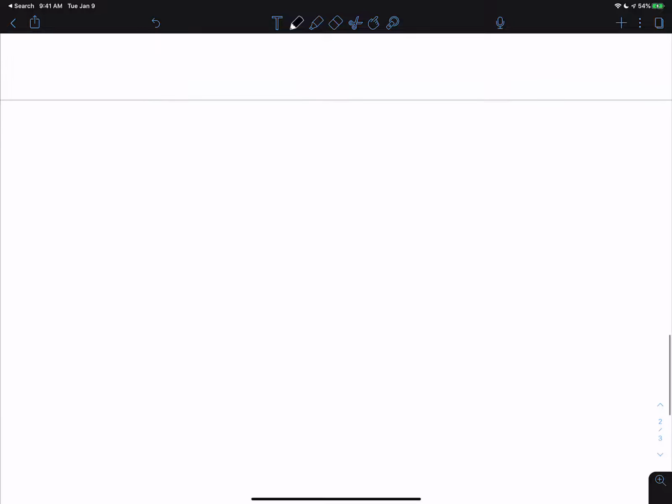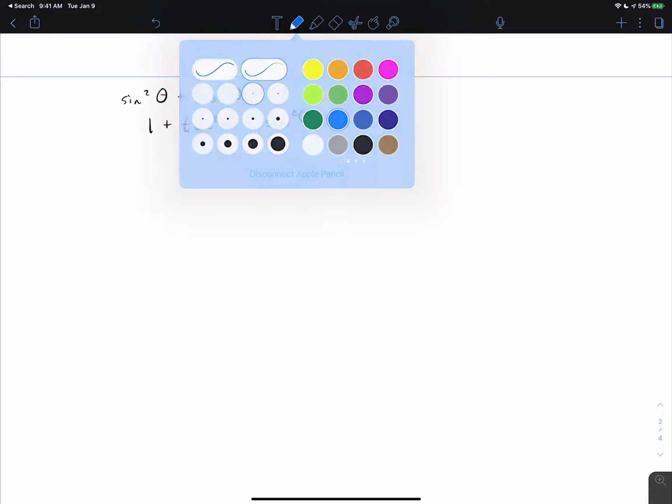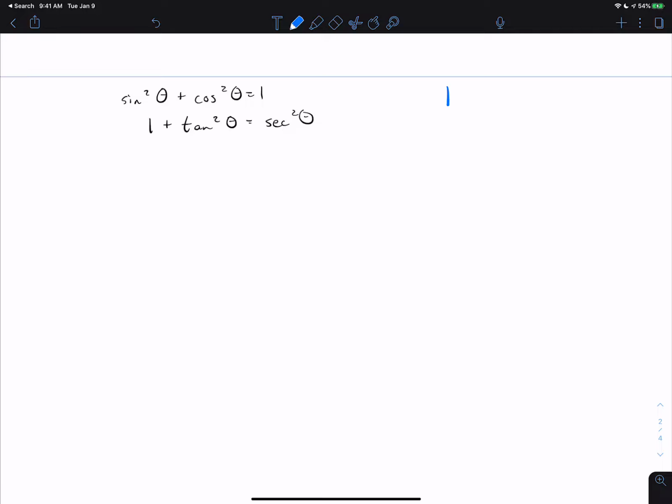So again, as a quick review, because of the Pythagorean identities, we have these 2 that we use over and over again. Sine squared plus cosine squared is 1, and 1 plus tangent squared is secant squared. Manipulating those, we can use for trig sub these patterns. 1 minus sine squared can be replaced with cosine squared theta.